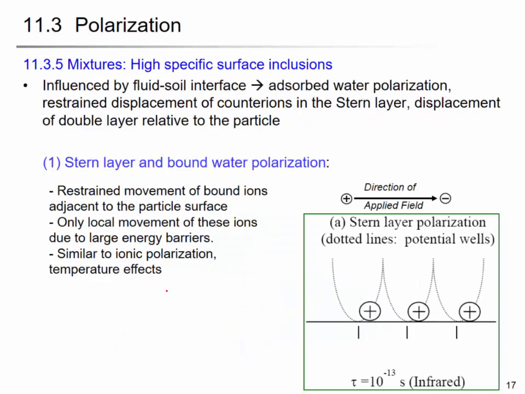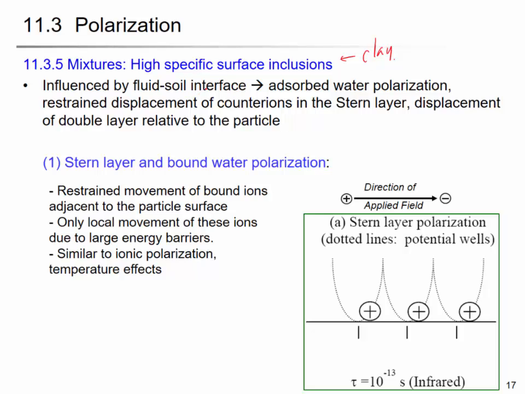So this is again another summary of the polarization of clay material. High specific surface inclusion means that typically we can think of the clay, right? So the water itself can be polarized.